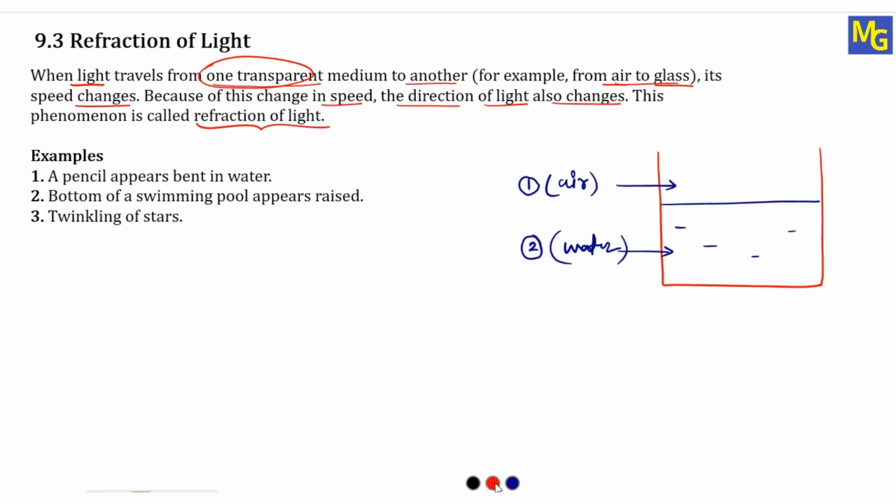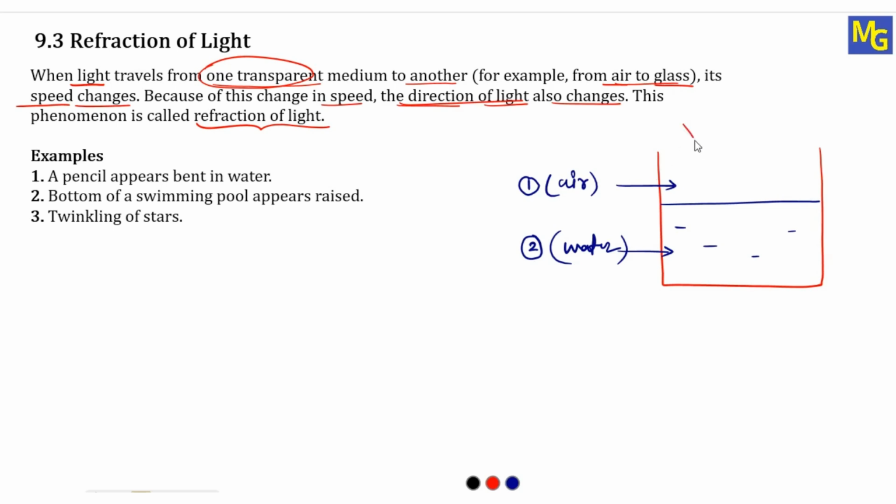If the light is entering from one transparent medium to another transparent medium, the speed of the light changes, and because of this the direction of the light also changes. This phenomenon is called refraction of light. For example, see here there is air.